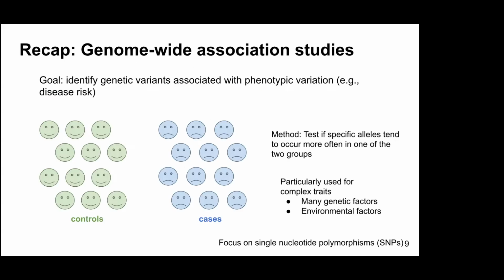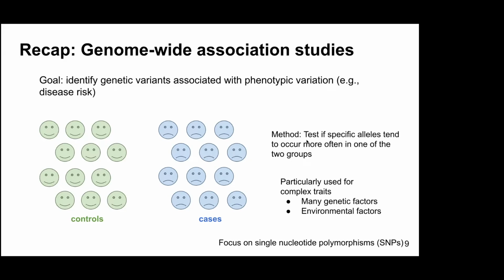So, okay, genome-wide association studies. I think most of you are probably already familiar with it. I'll go through it very quickly. The goal is to identify genetic variants associated with phenotypic variation, for example, disease risk. So in a case-control genome-wide association study, one has cases and controls, and the methodology is very simple.